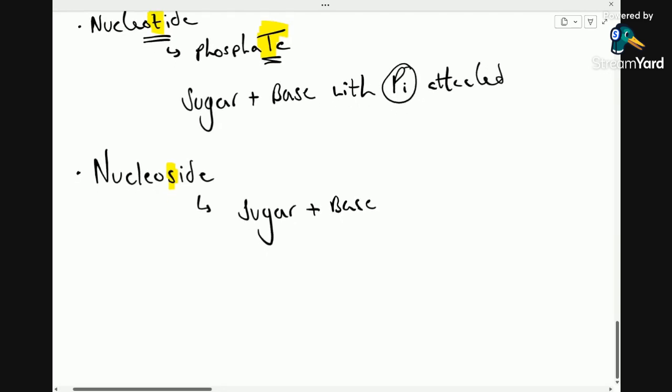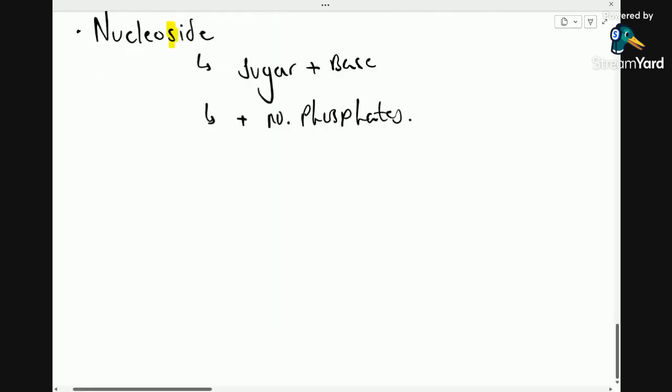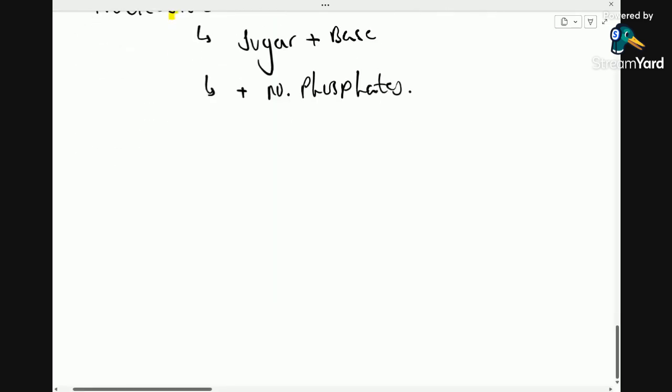And you name a nucleotide because you name the nucleoside plus the number of phosphates attached. So it's a bit complicated, but I'll give you an example.